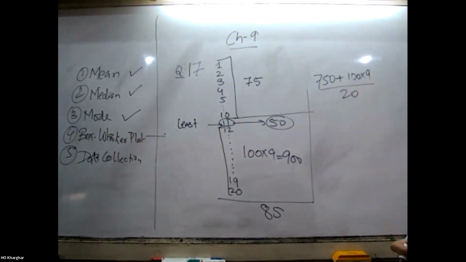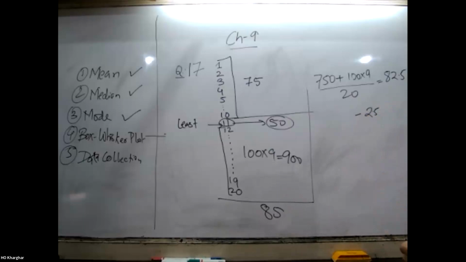Yeah, and the answer I got was 82.5. Then I did 85 minus 82.5 and I got 2.5. Okay, and then you subtracted this from 85.